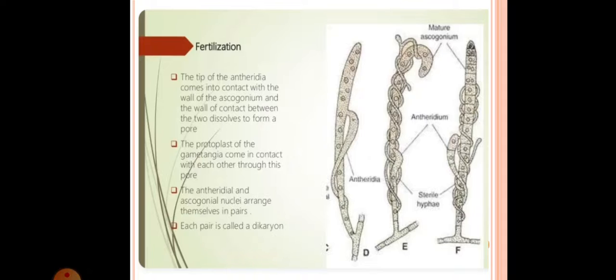The protoplasts of the gametangia come in contact with each other through this pore, and the antheridial and ascogonial nuclei arrange themselves in pairs. Each pair is called a dikaryon. So here pairing takes place, and each pairing is called a dikaryon.